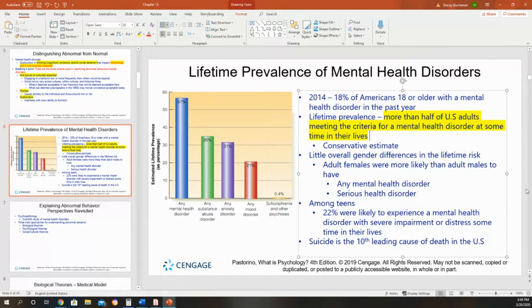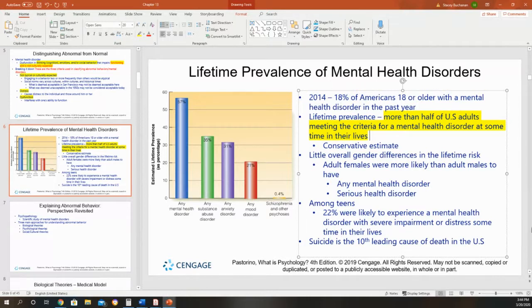Just when you're reading through this, be very understanding that somebody you know, or you may yourself be suffering from something like this.